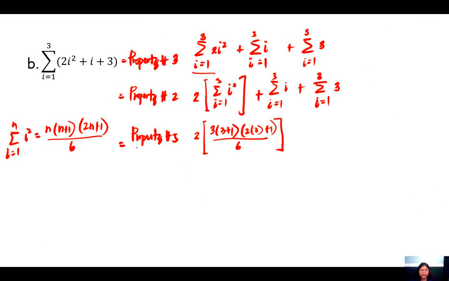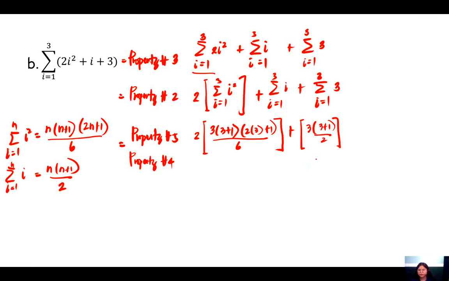Okay, next, let's apply. Doon tayo sa I naman. What property is that? Property number 4. So according to property number 4, we can use n, quantity n plus 1 all over 2. So plus, take note, our n is equal to 3. Let's use bracket again. So we have 3, quantity 3 plus 1 all over 2. Next, constant.